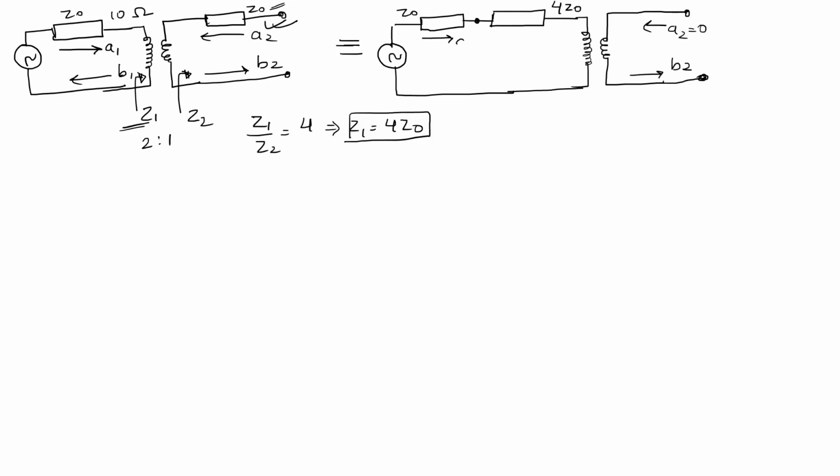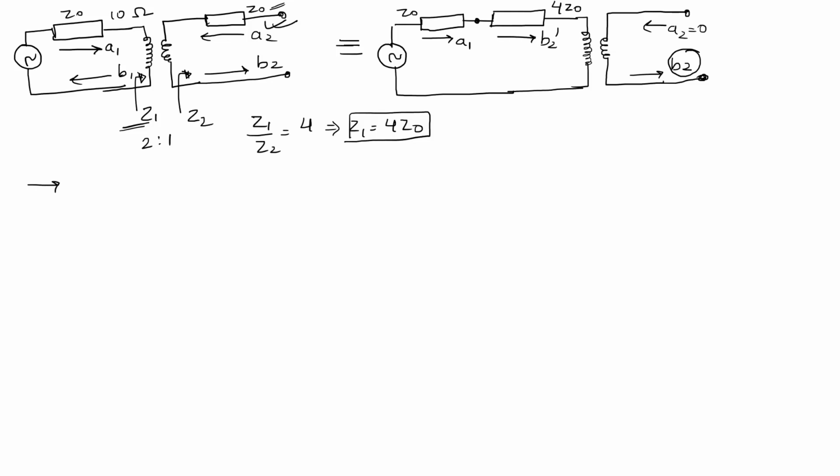This is the same parameter A1, the incident voltage, and because we have taken Z2 in the primary side, the equivalent parameter of B2 in the primary side is, let's say, B2 dash. Now we will see the relation amongst these parameters.